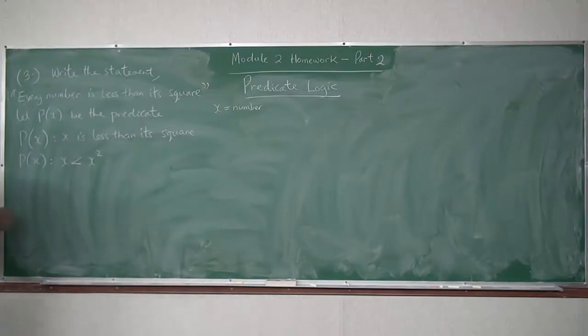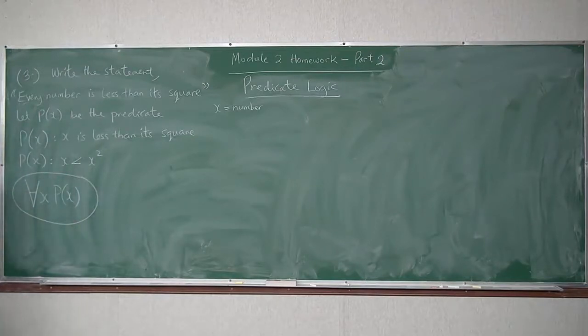So the answer will now be for all, just like your A upside down. For all x, P of x. And this is your answer here. For all x, x is less than x squared. That's the answer.